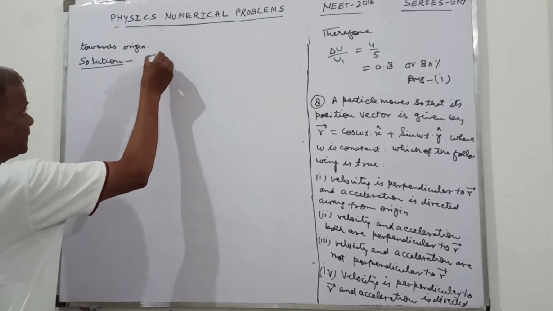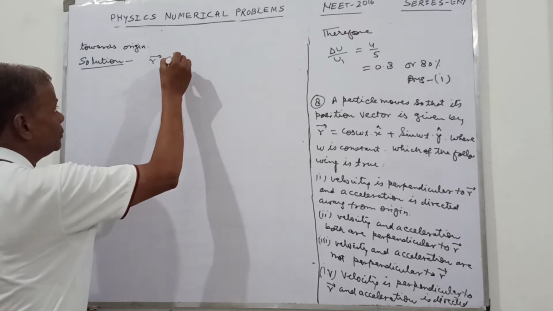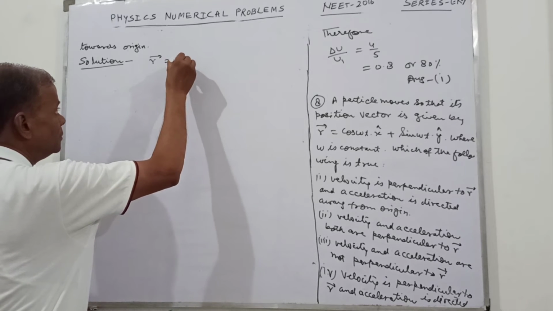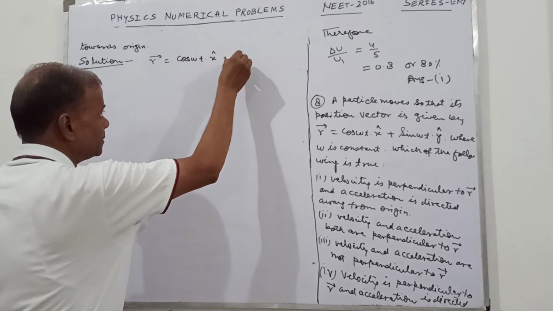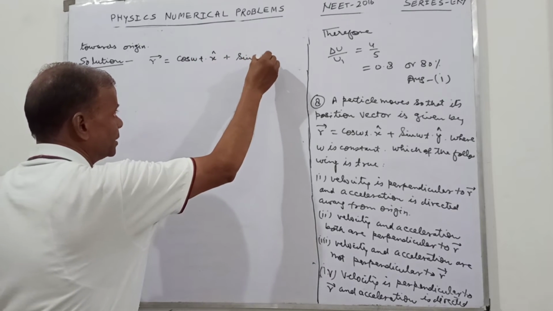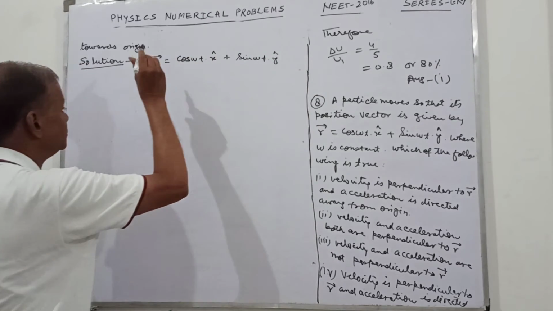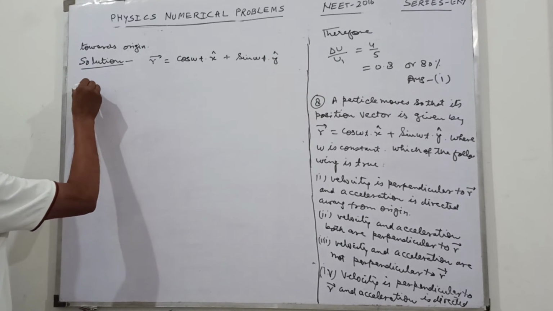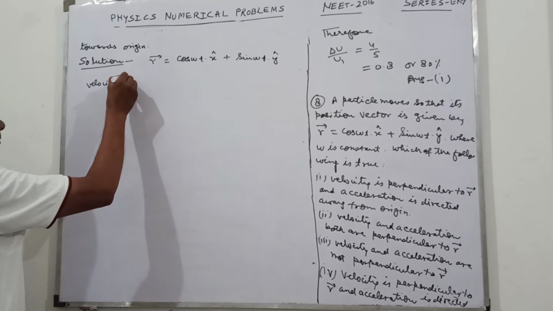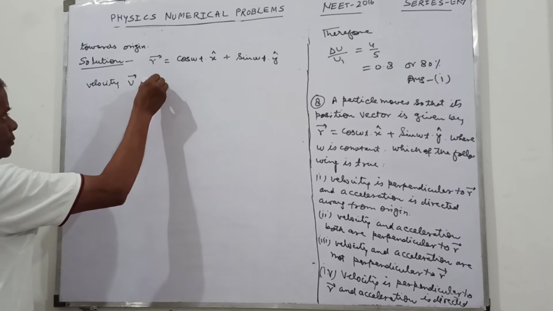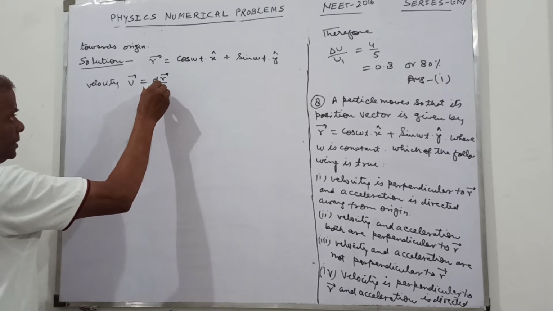This vector r equal to cos omega t into x cap plus sin omega t into y cap. So now velocity v equal to dr upon dt.